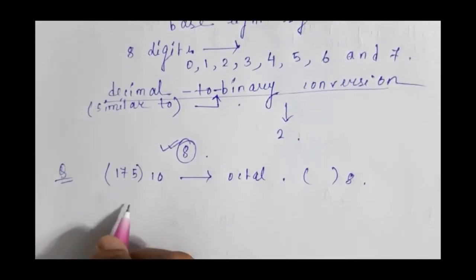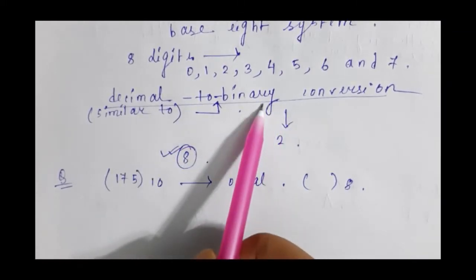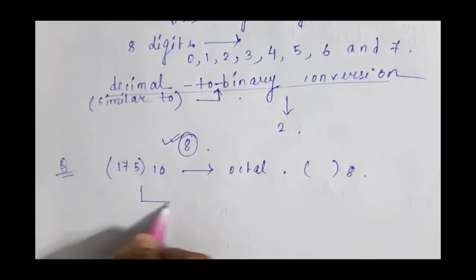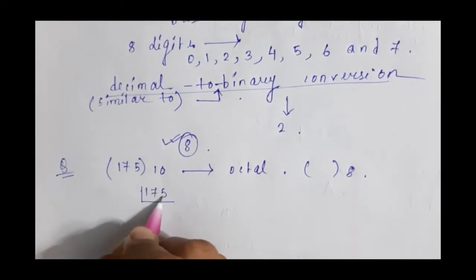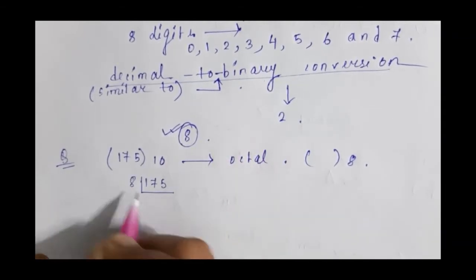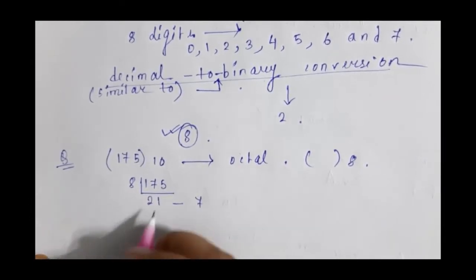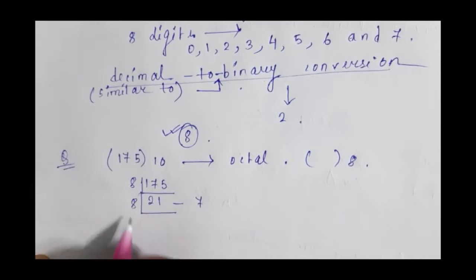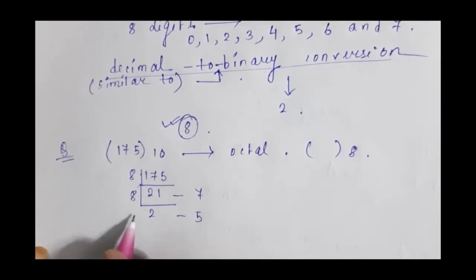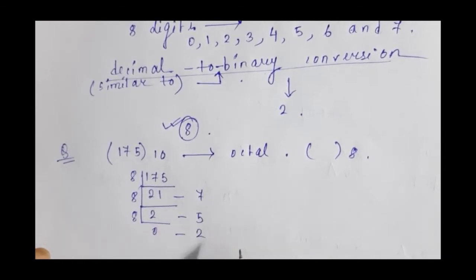For this, just as in decimal to binary conversion we used successive division, here also we will do the same thing, but not with 2 but with 8. So 8 into 21, remainder is 7, then 8 into 2, remainder is going to be 5, and then 8 into 0, remainder is 2.